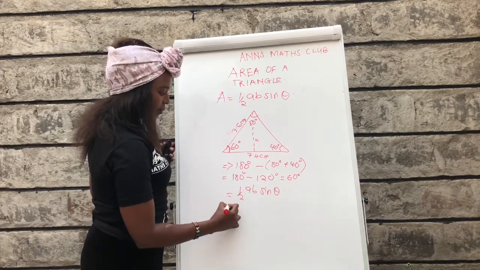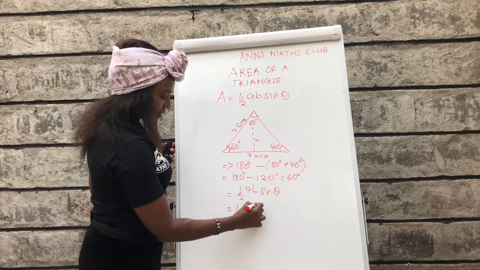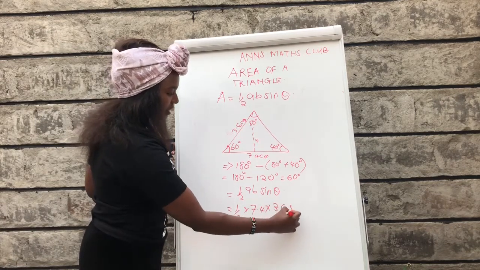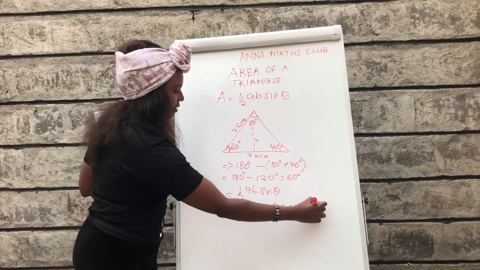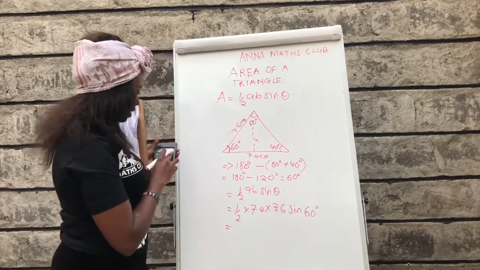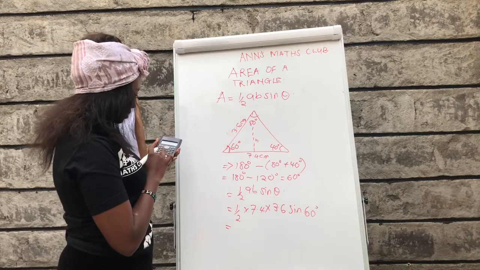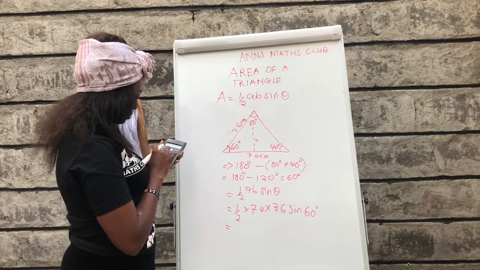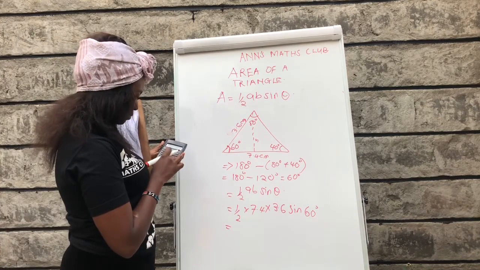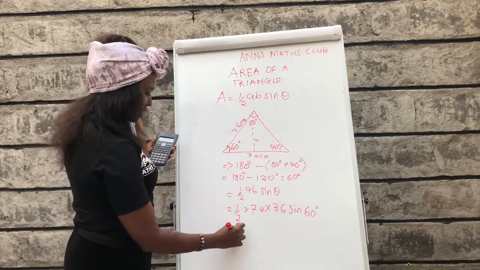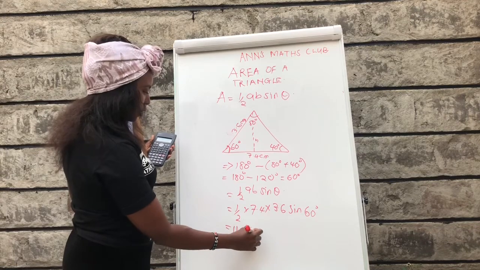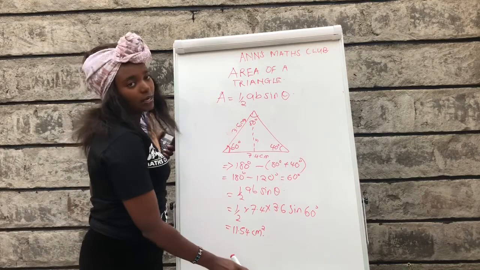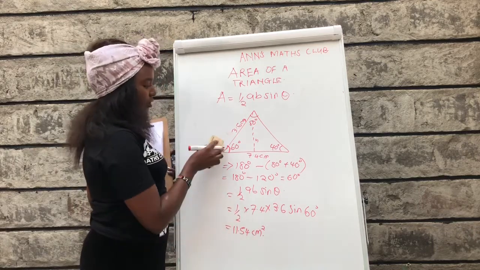So this becomes a half times our base is 7.4 times 3.6 sine 60 degrees. So this becomes sine 60, 11.54 centimeters squared. So this is how we work when given a question with such.